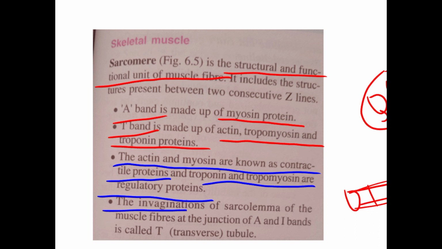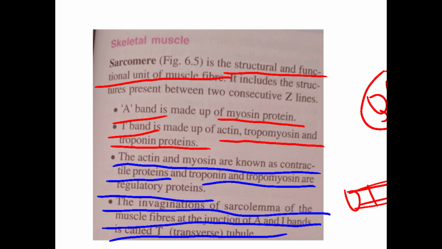The invagination of the sarcolemma of the muscle fiber at the junction of the A and I band is called the transverse tubule, or T tubule.